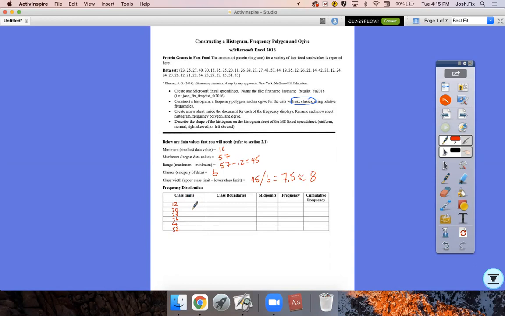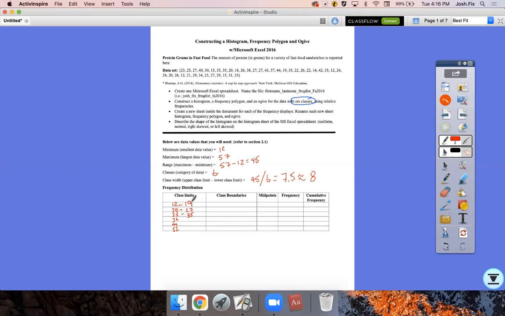On the other end of the spectrum, we'd look at how that goes going up. If your lower class limit is 20, your upper class limit on the previous one would have to be 19. Then that would have to be 27, and then 35. So they're actually 7 units apart in the limits themselves.